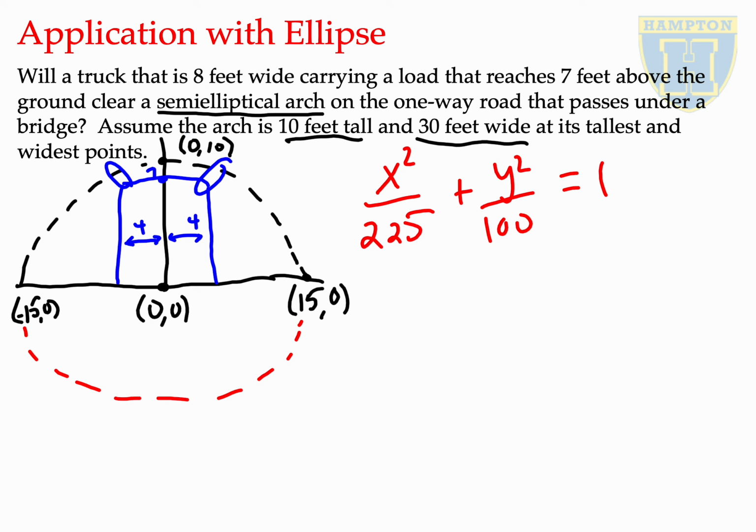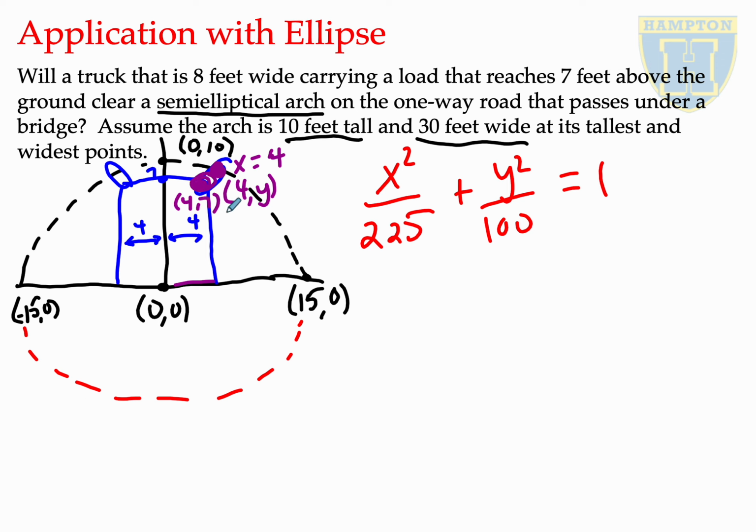The second part that I mentioned before was understanding that this point is at x is equal to 4. So however far out we have to go, we're going to see if that point on the ellipse, 4 comma something, won't be hit by this point of the truck, 4 comma 7.